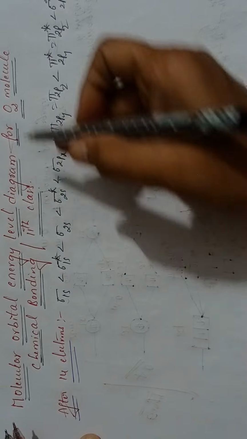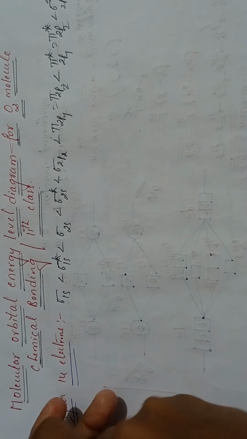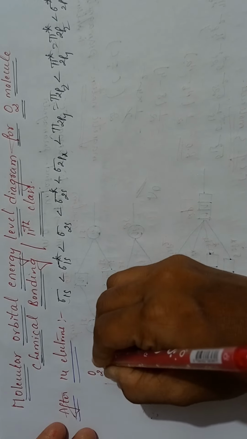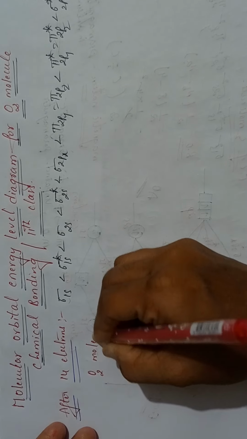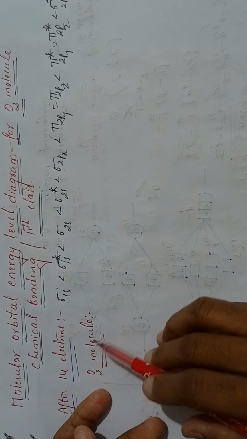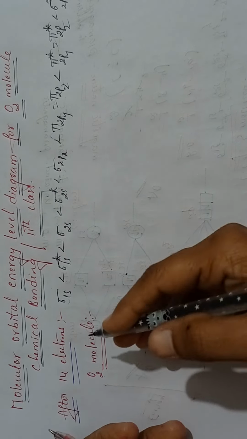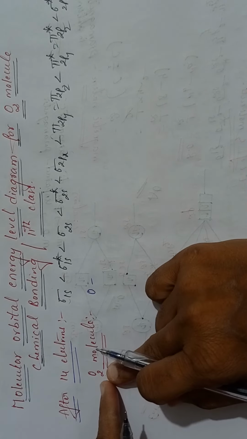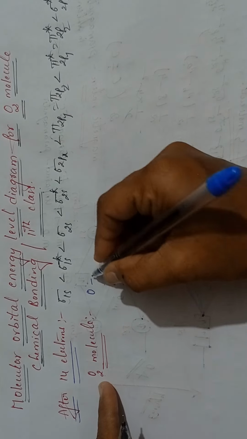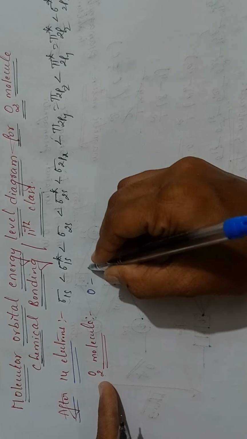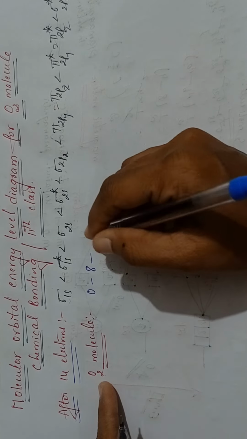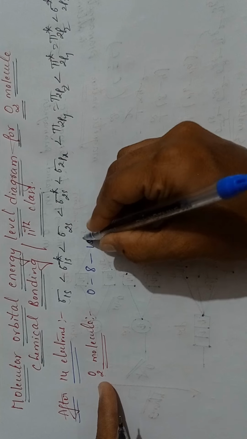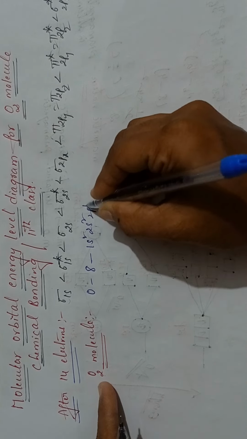Now see students, the O2 molecule. How many oxygen atoms are there in the O2 molecule? Two oxygen atoms are present. So first I am writing one oxygen atom. Oxygen atomic number is 8, electronic configuration 1s2, 2s2, 2p4.